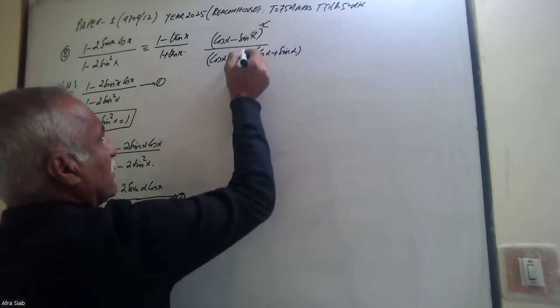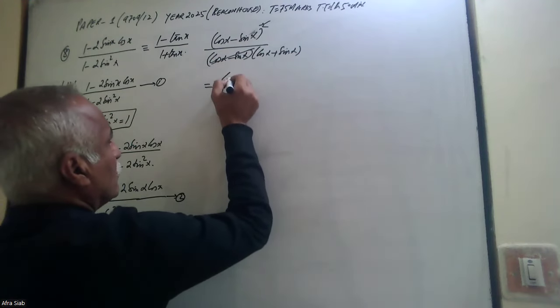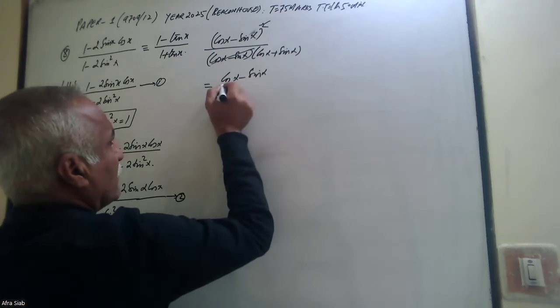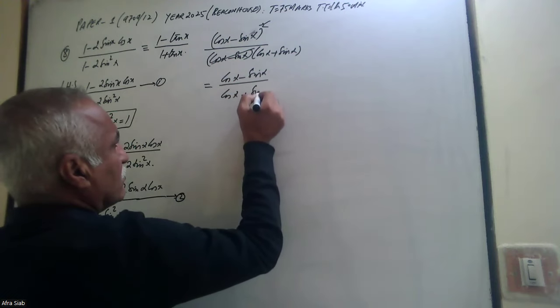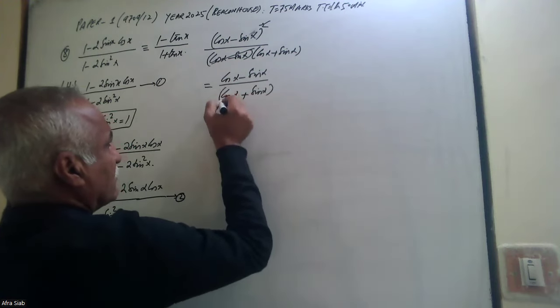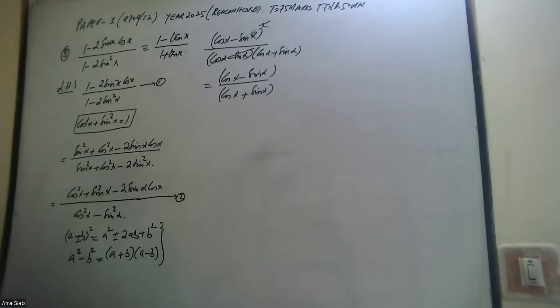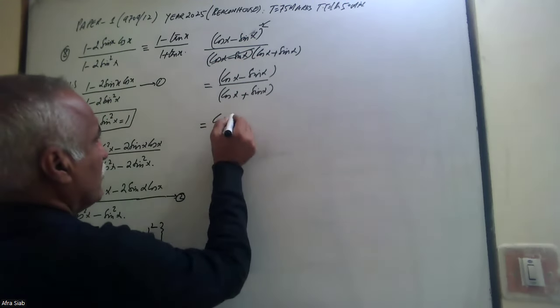So here this square and this identity will be cancelled out. So this will be equal to cos of x minus sine of x over cos of x plus sine of x. Because on the right hand side we see that it is 1 minus tangent of x over 1 plus tan of x, it means we are going to take cos of x common from this.